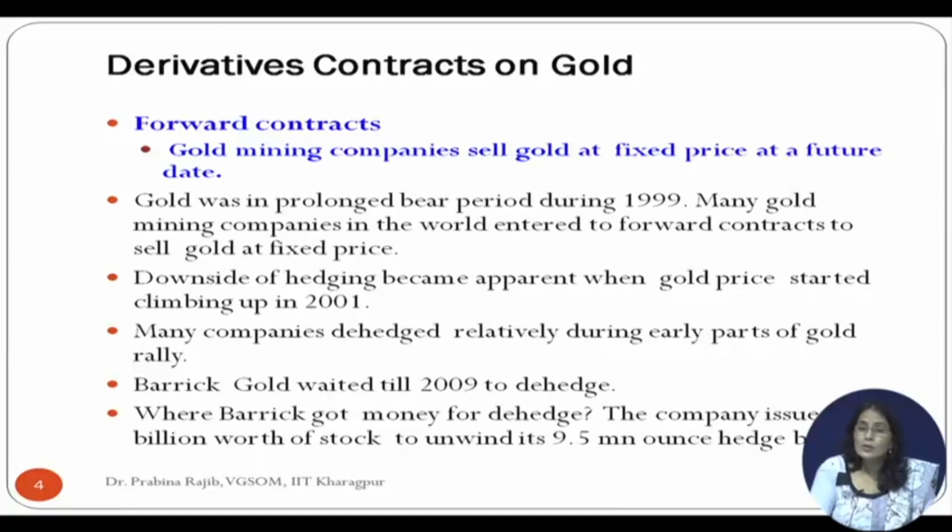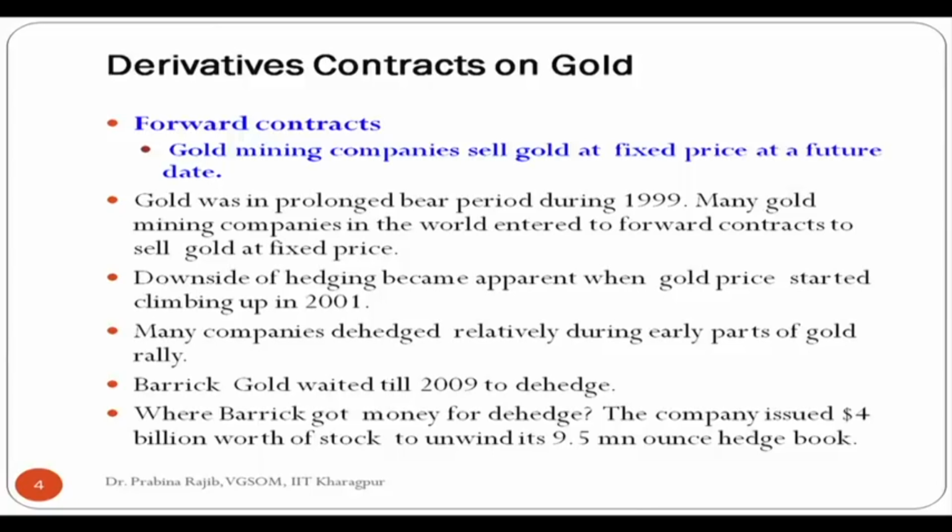What was the cost associated with the de-hedging? What kind of repercussion happened on the company? This is a very, very important dimension of gold hedging. Whenever we talk about gold hedging, Barrick Gold's de-hedging case is also discussed.